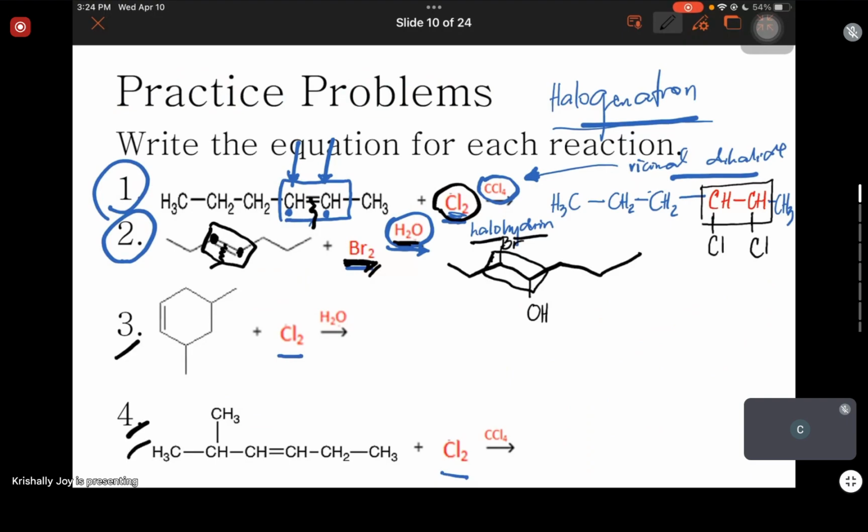For number 3 and 4, you can answer these during your independent study time. All you need to highlight are those portions with a double bond.